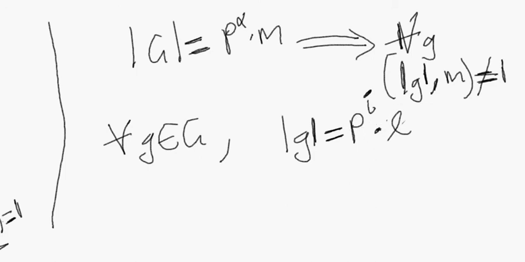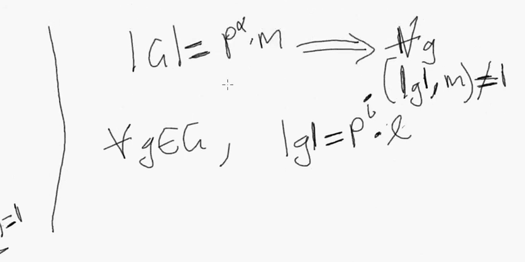And here obviously i is at most alpha, isn't it? Because the order of g has to divide p to the alpha times m. So can the power of p ever exceed alpha?